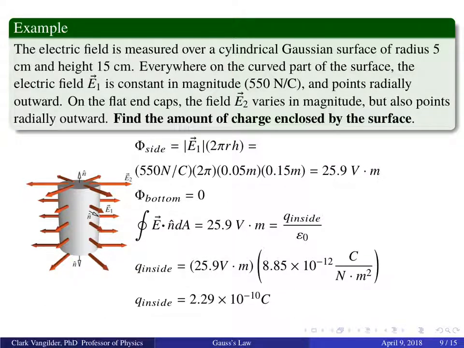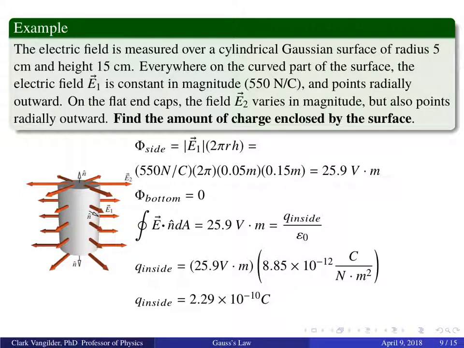If we're using a sphere, it's one thing. If we're using a cylinder, it's another. So we give this can dimensions of 5 and 15 centimeters, and a constant magnitude at the surface of 550 newtons per coulomb, all pointing radially outward from the can.